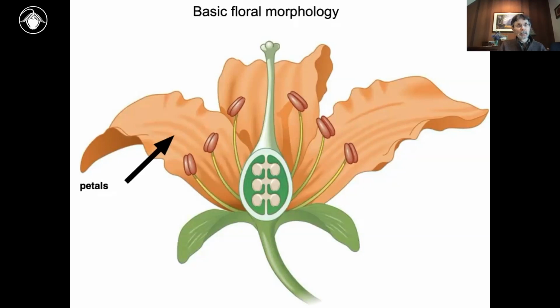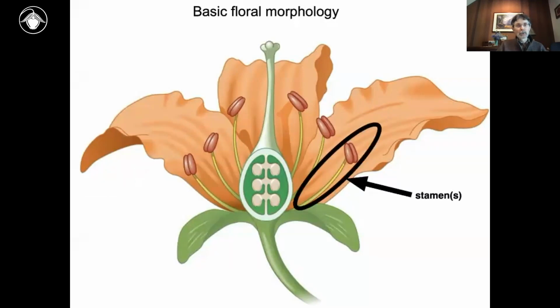The petals typically serve a different function than the sepals, not always, but they often are involved in advertisement of the flower to pollinators; this only really is true in animal pollinated flowers. The petals are often brightly colored, as you're no doubt aware, and they might have guidelines or various features that help to orient the pollinator visually toward the business parts of the flower, the fertile appendages of the flower.